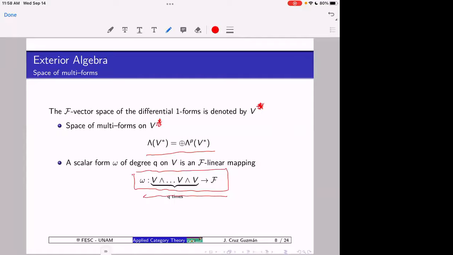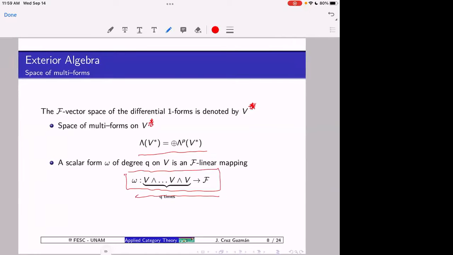Then here there are implicit the bilinear forms, the results of omega acting on a multivector. Then maybe in the next slide this is more explicit.